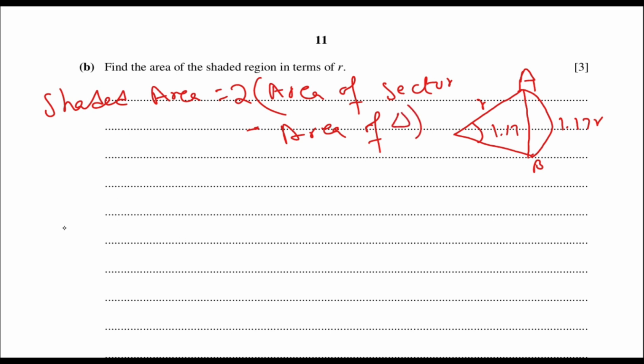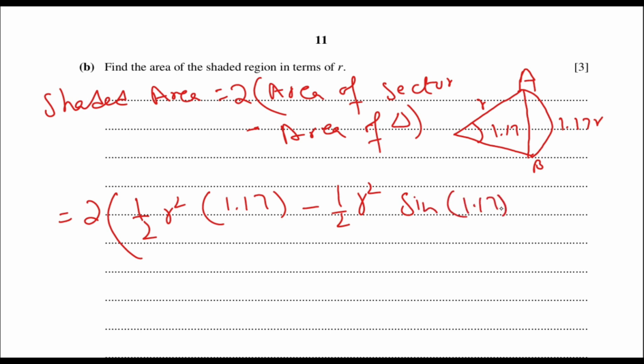First let's calculate it: 1/2 r squared theta, and theta is 1.117, minus 1/2 r squared sin 1.117.